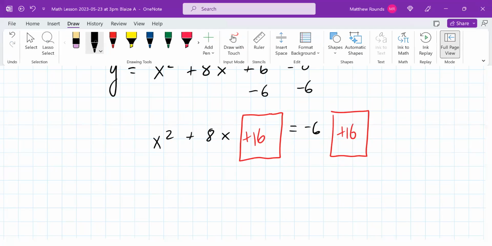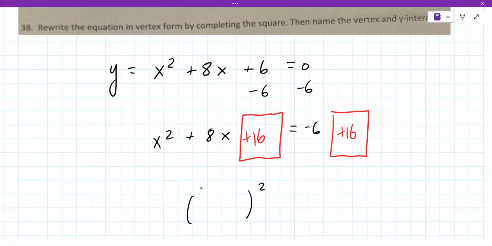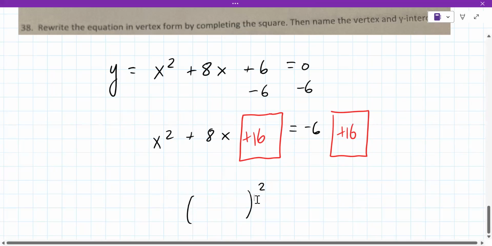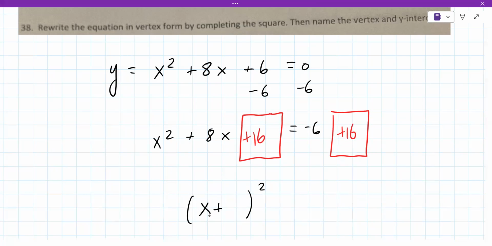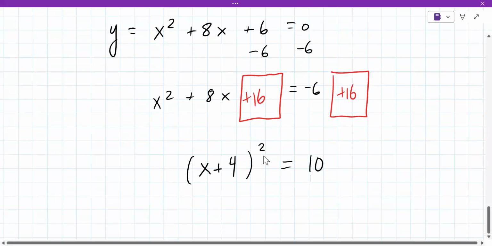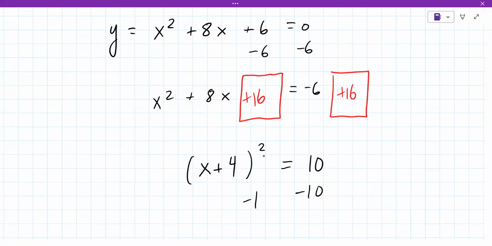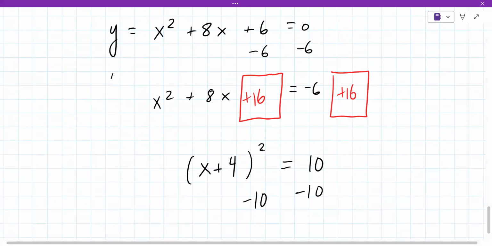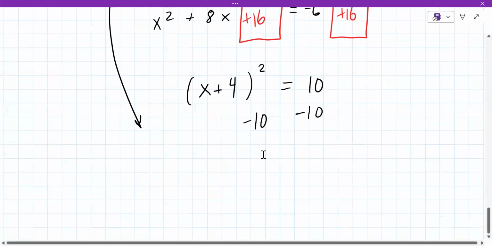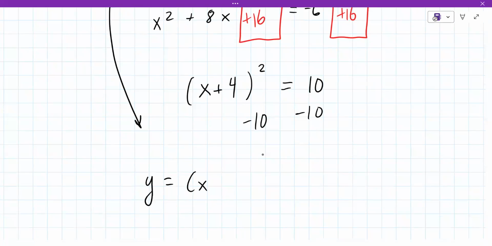The next line is to figure out what goes in the binomial squared here. Is it x plus 4? Yes. Equals 10. Now you subtract 10 from both sides, and you bring the y down. Y equals x plus 4 squared minus 10.